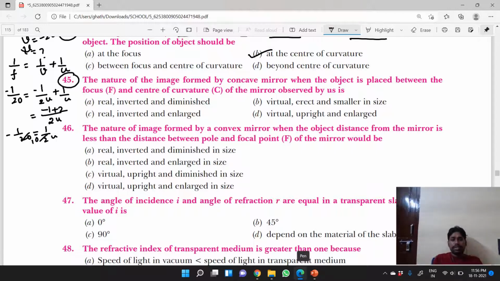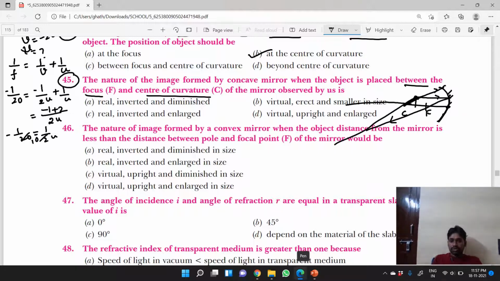Next, nature of image formed by concave mirror. When object is placed between the focus and center of curvature, whenever an object is placed there in a concave mirror, it forms a virtual and a large image.